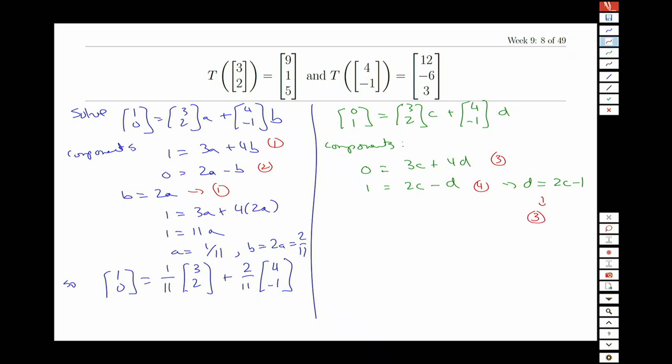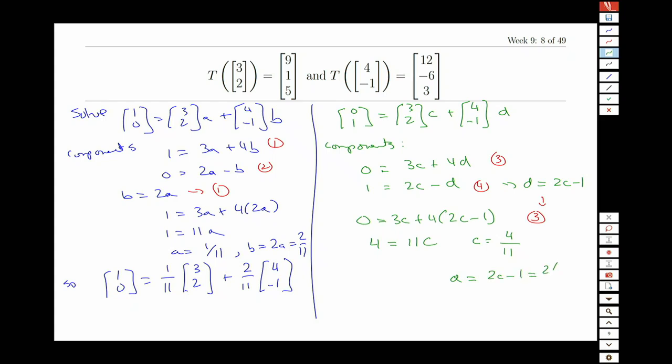Plug that into the first equation, and we get 0 equals 3c plus 4 times 2c minus 1, 4 equals 11c, c equals 4/11.